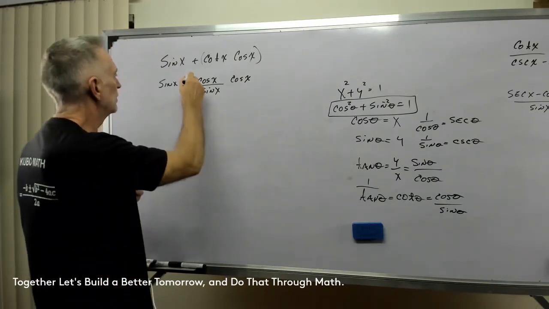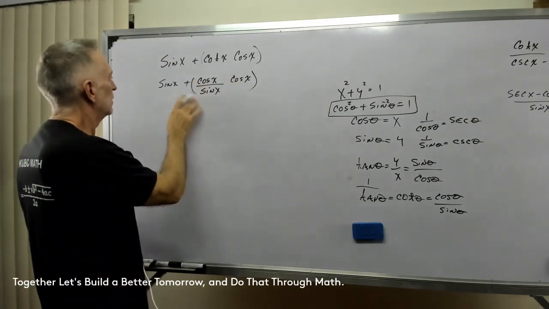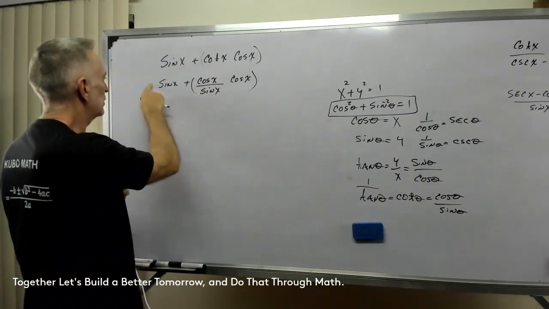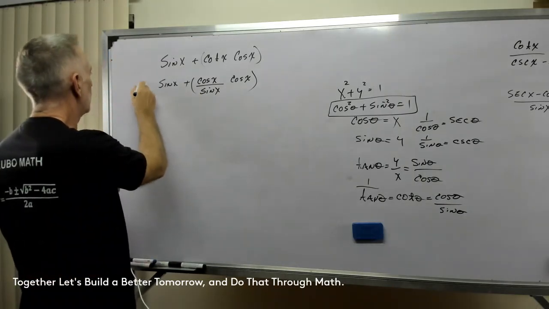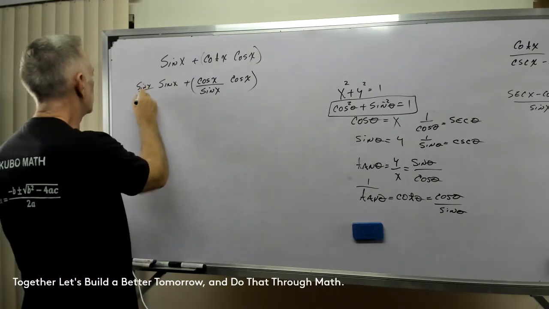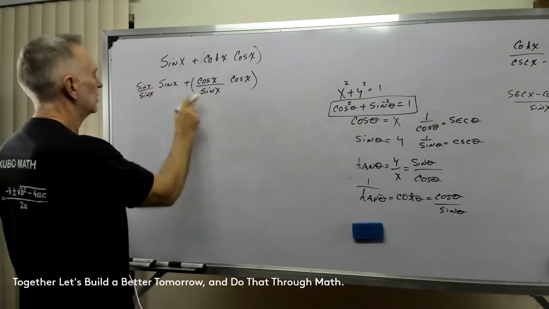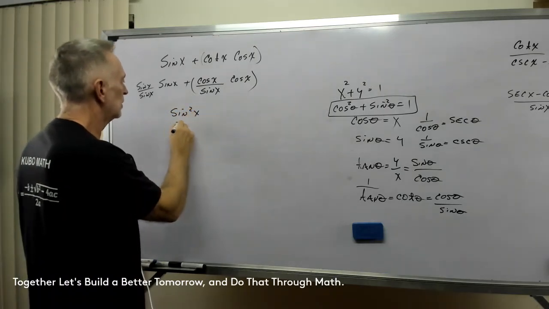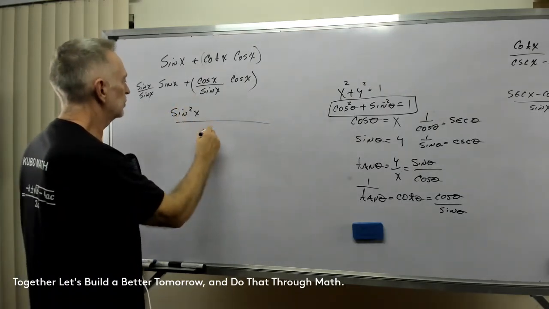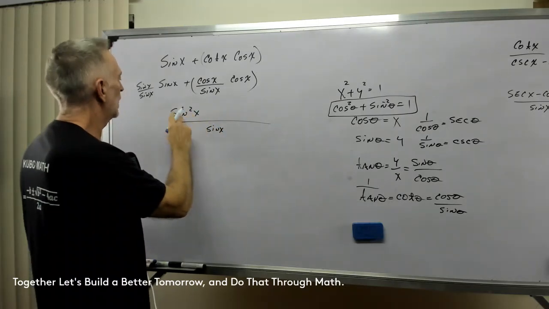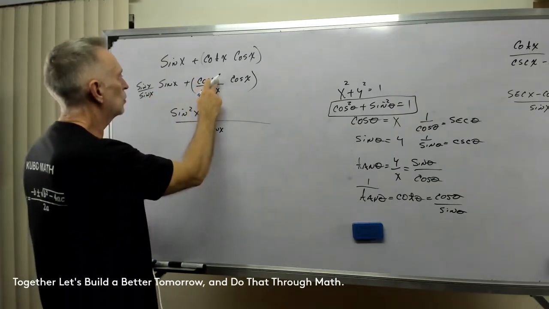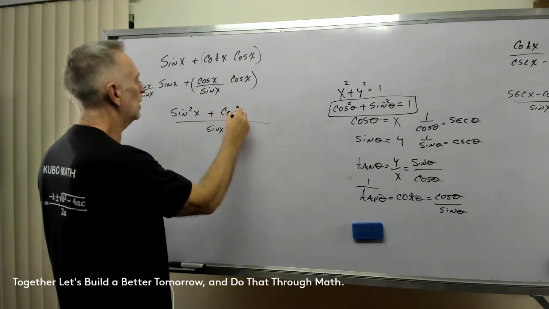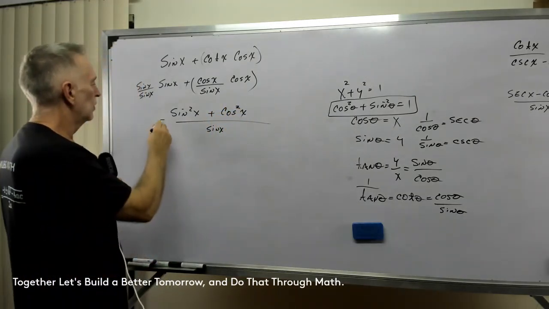Well, now I can't add apples and oranges here, so I need to multiply this side by 1, which I'm going to make a sine x over sine x. So I can change this to sine squared x, and all of these now will be over sine x. So I have sine squared x, and then cosine x times cosine x gives me cosine squared x. Oh, think about that.